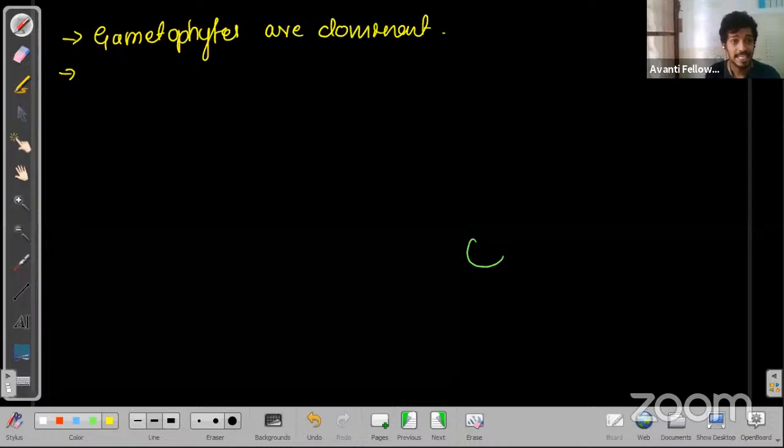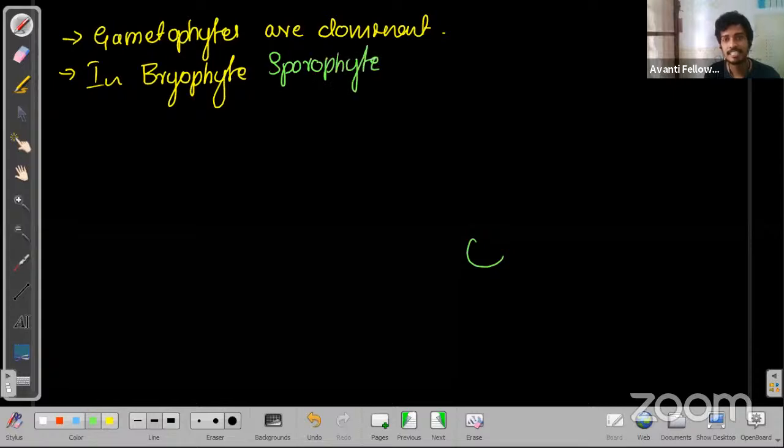Because in bryophytes, remember, the sporophyte is a parasite of the gametophyte.